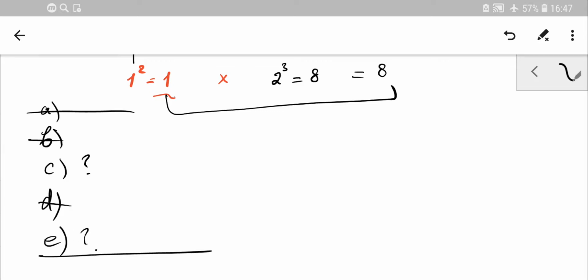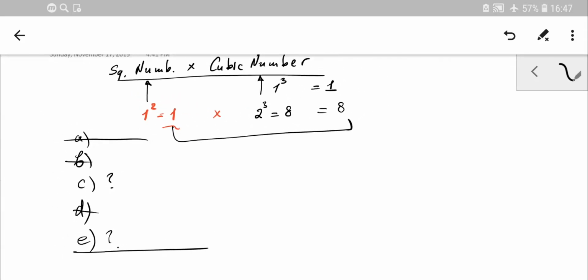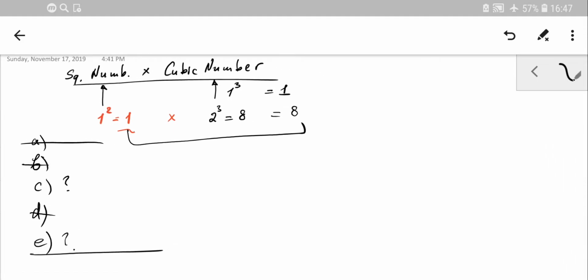So let's test E first: always cube and always square. We need to give an example that contradicts it, with a number that is neither a cube nor a square. Which numbers can we take? For the square number, let's take 4, which is 2 squared.